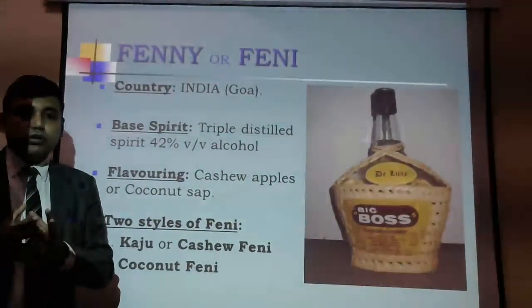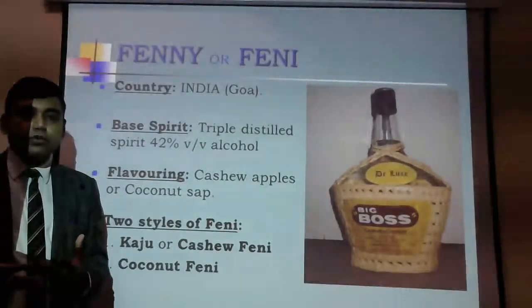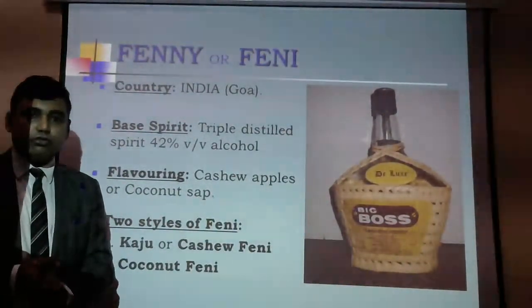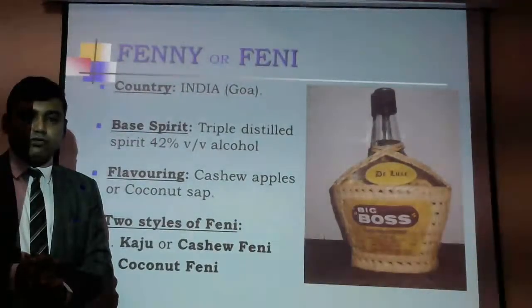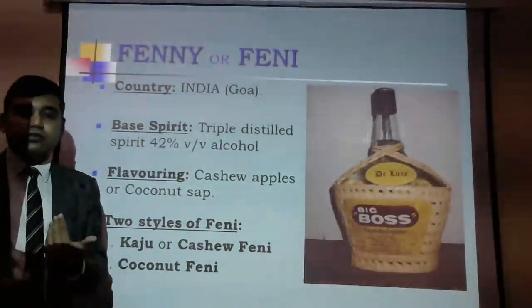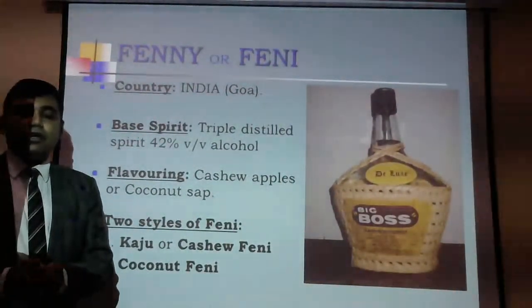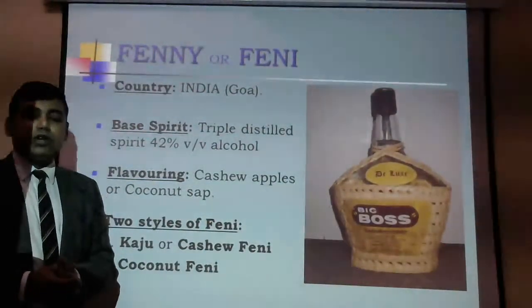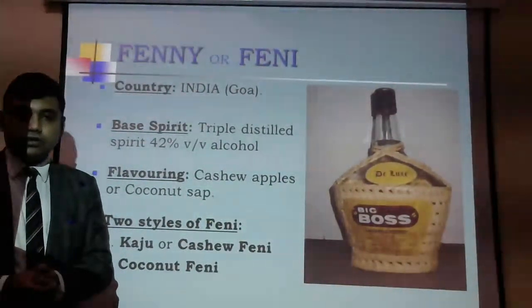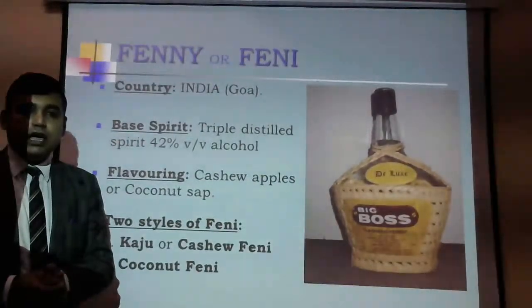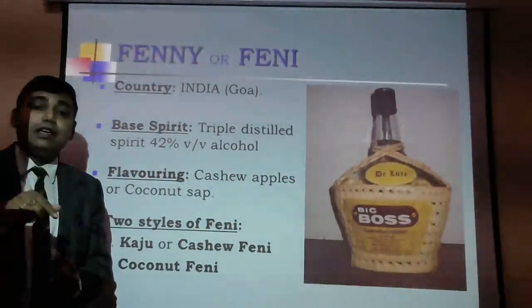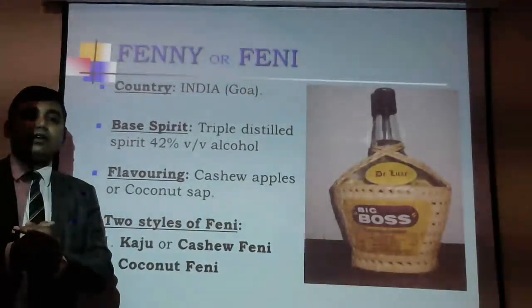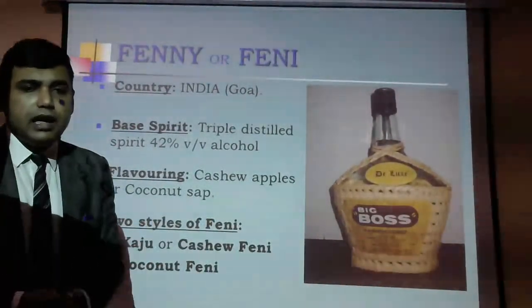Now you take this Urrak, it is underproof. Now you distill it a second time, the cashew apple Feni. Once you distill it for the second time, you get Cazulo, C-A-Z-U-L, Cazul, and it is around 43% ABV.